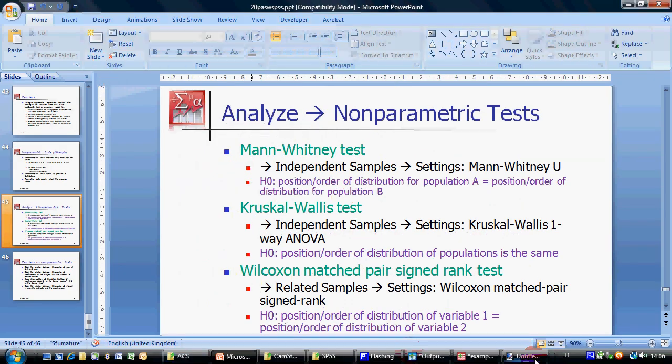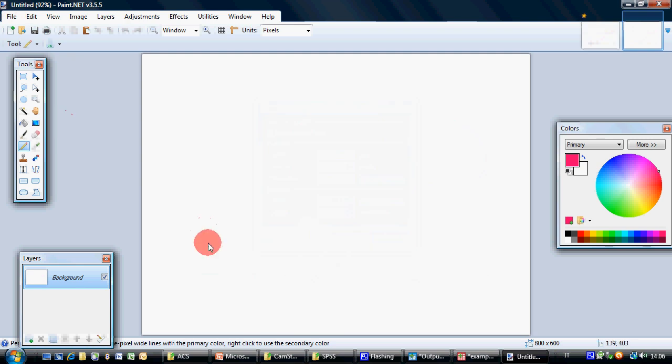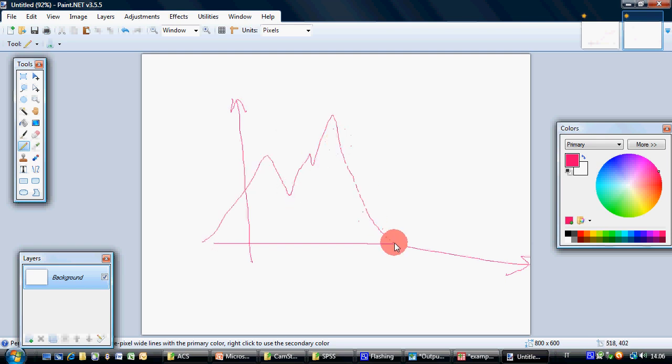So it checks whether these, your distributions, this is the distribution for population A, and this is the distribution for population B, have a different position or not. In this case, you can see they have a different position. Distribution blue is shifted to the right, and they also have a different shape, but this is not important for Mann-Whitney. Mann-Whitney simply checks whether one is evidently shifted with respect to the other one.